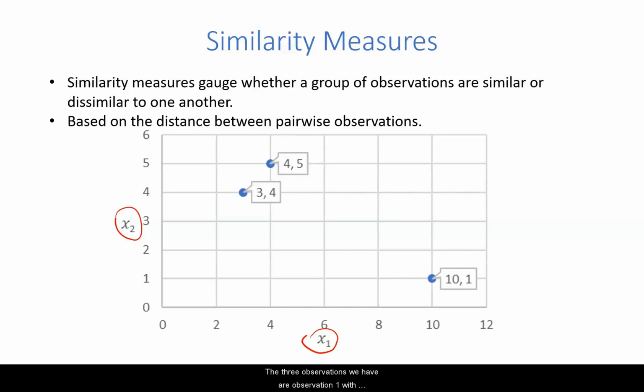The three observations we have are observation 1 with the x1 value of 3 and x2 value of 4. Observation 2 with the x1 value of 4 and x2 value of 5. And observation 3 with the x1 value of 10 and x2 value of 1.